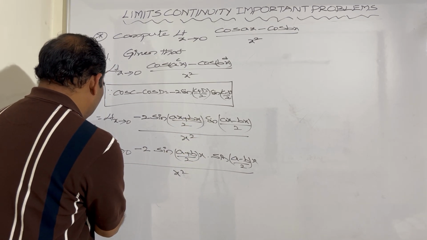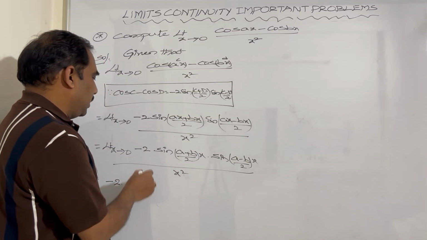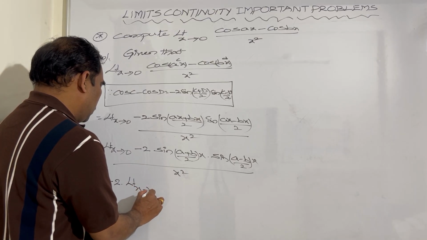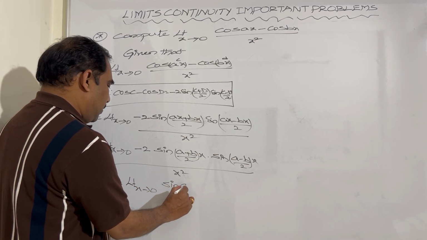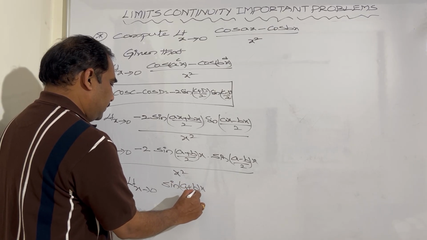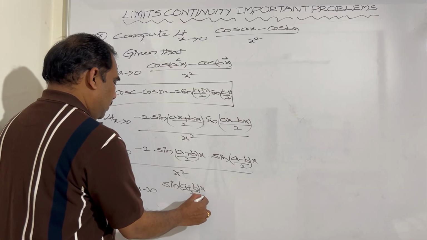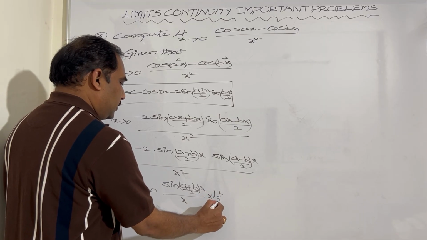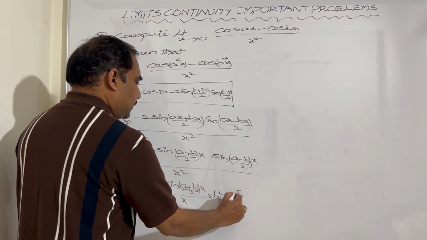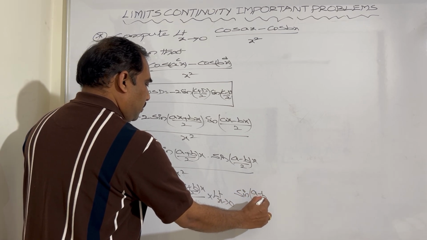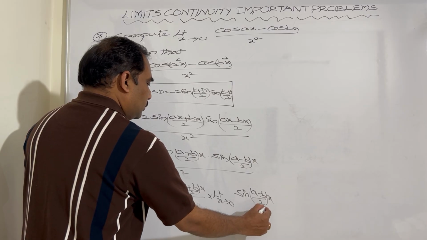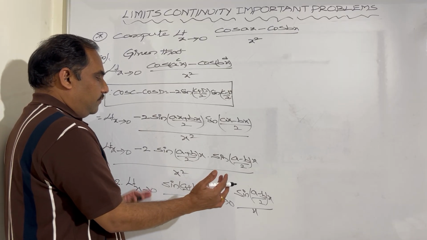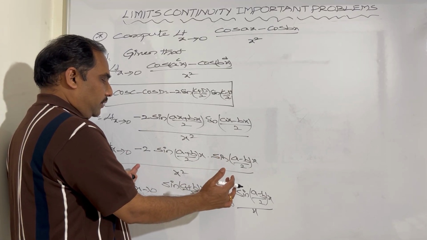Now we can write this as minus 2, which is a constant, into the limit as x tends to 0 of sine ((a plus b) by 2) x by x, into the limit as x tends to 0 of sine ((a minus b) by 2) x by x. In the denominator, x squared can be split between both the functions.